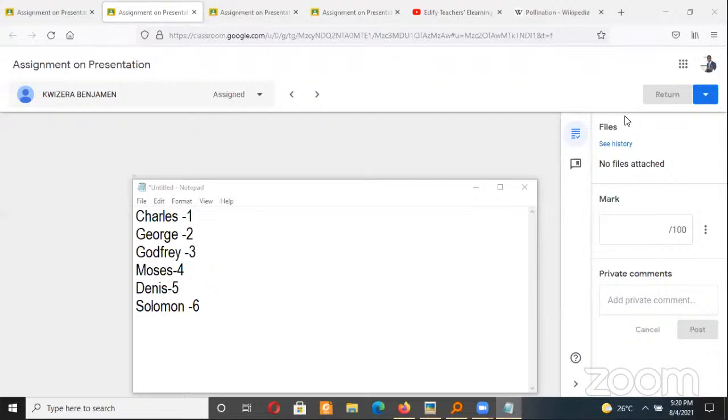Then you have Dennis in room number 5. Dennis is going to be in room number 5. Then finally Solomon in room number 6.